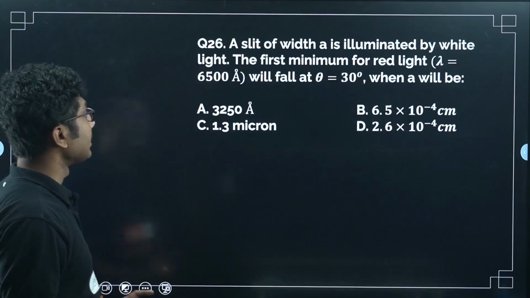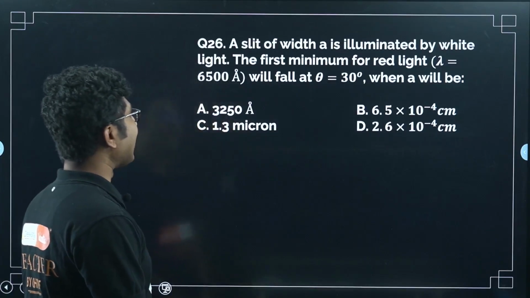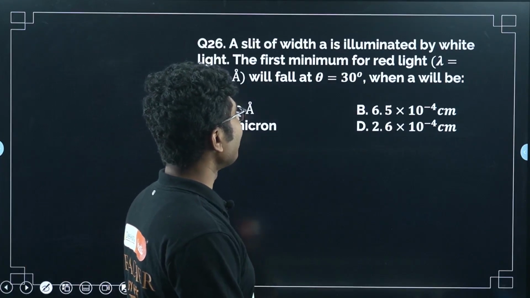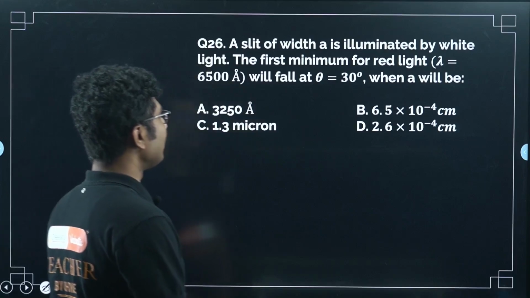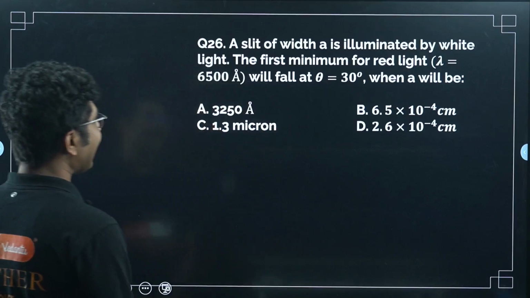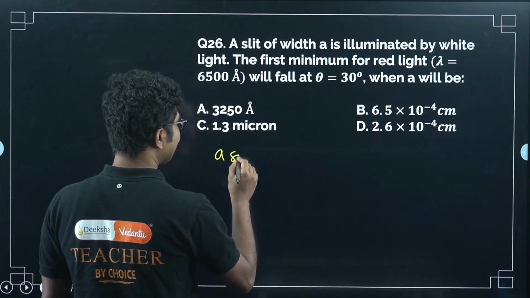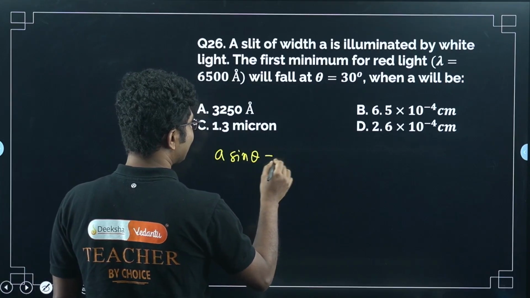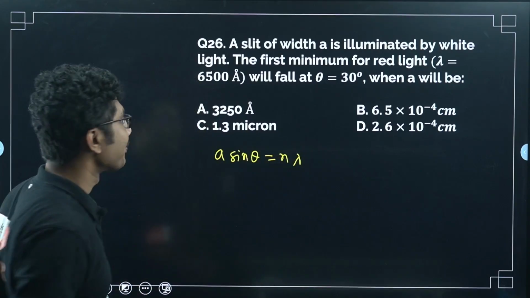You should remember this. A slit of width a is illuminated by white light. The first minimum for red light, lambda equal to 6500 angstrom, will fall at theta equals 30 degrees when a will be... So we know that a sin theta equals n lambda for diffraction minimum, right?